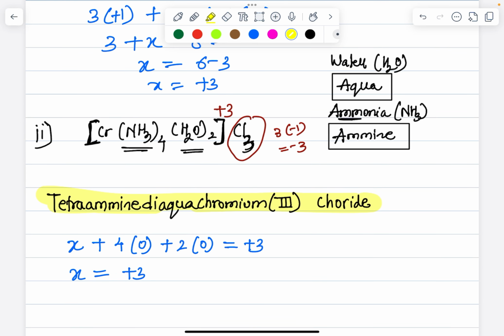And IUPAC nomenclature is very simple. In topics of physical chemistry, you require some time for calculation, writing the formula, figuring out the concept. But here things are very simple. If you know the names of the ligands and how to name them, you will easily get these marks.